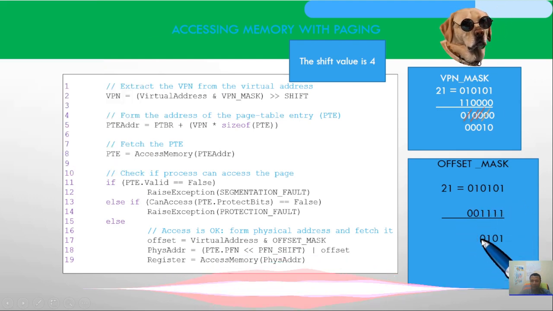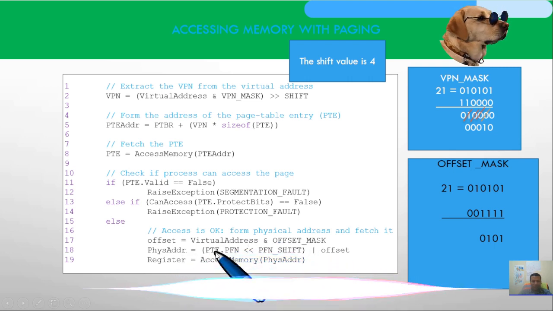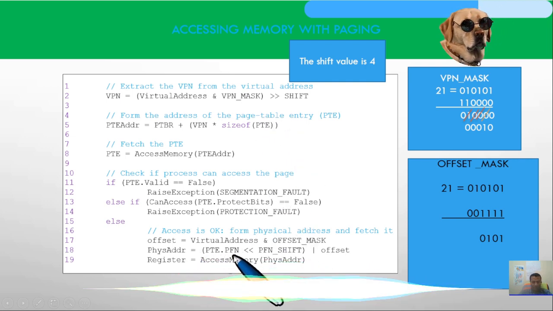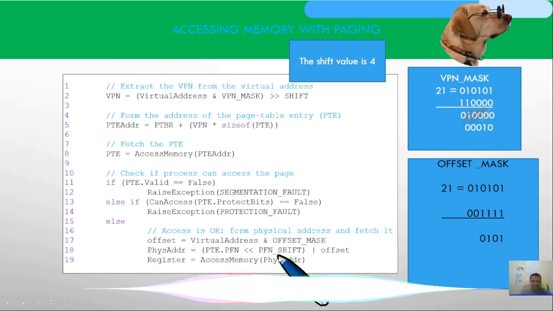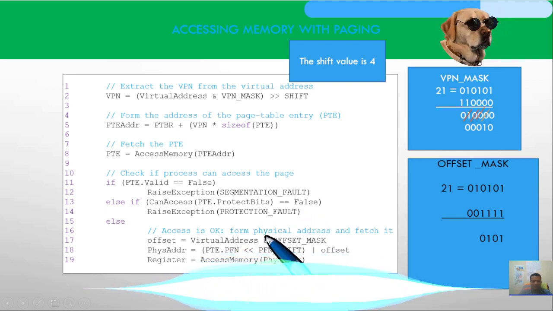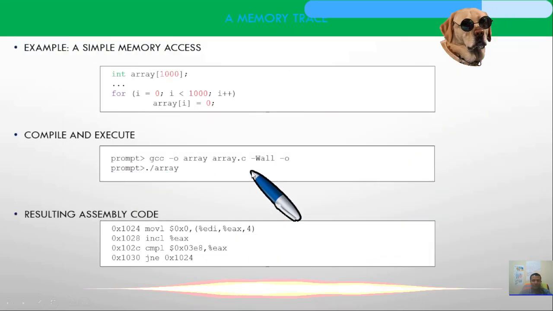For 21, in binary 010101, the offset mask is 001111, and we get 0101. Once we get that, the physical address is equal to the PTE's PFN shifted left by the PFN shift, ORed with the offset. Then the register is loaded from the physical address in memory. In this way, this simple code works.